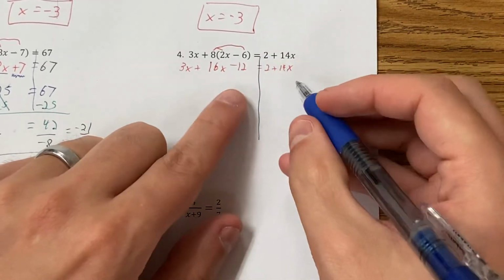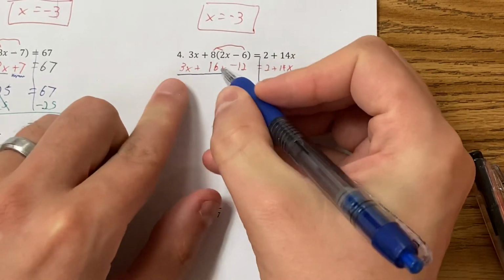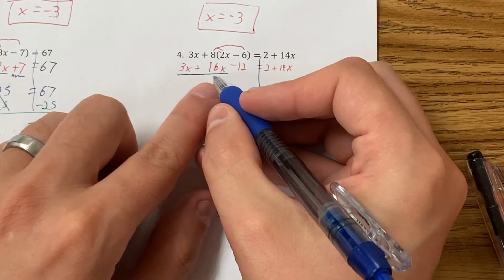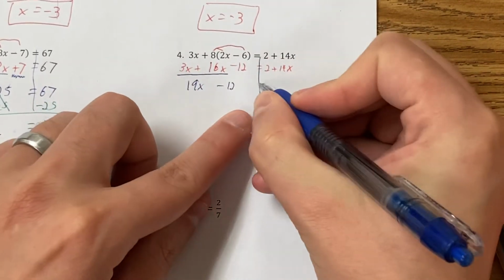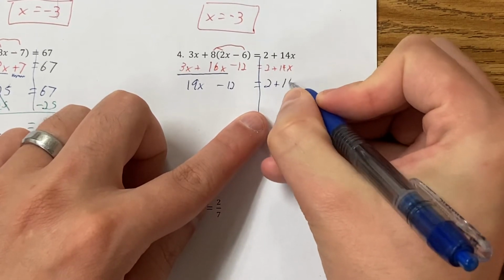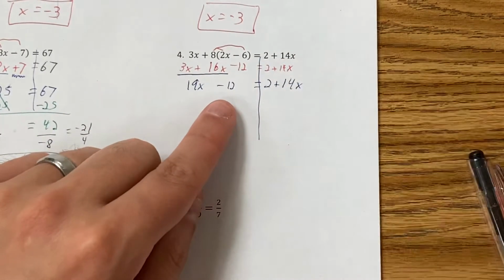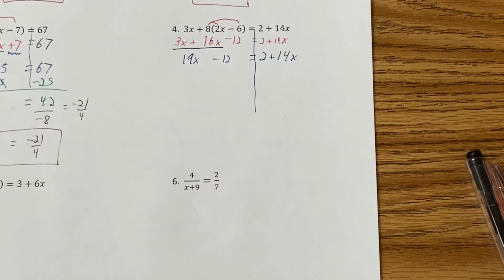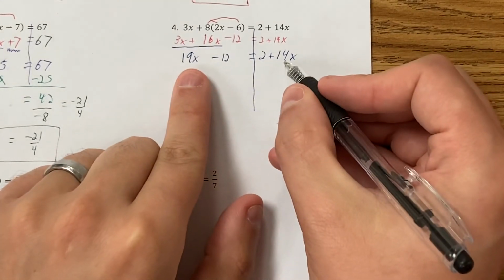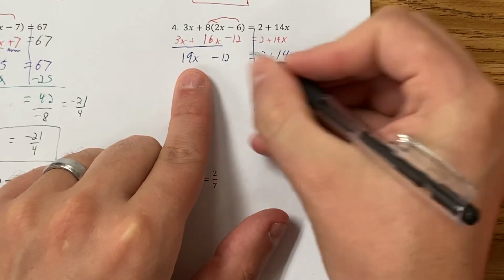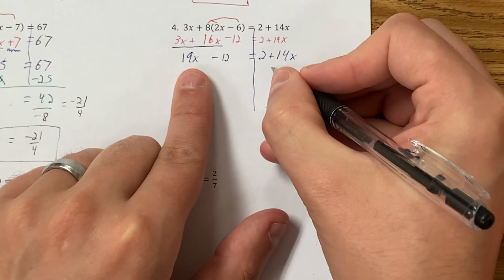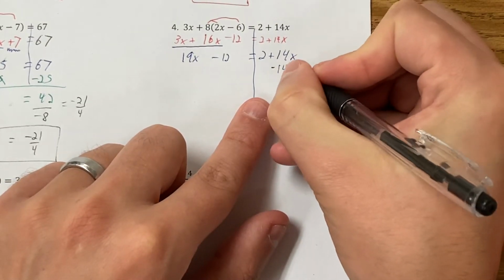On opposite sides, it looks like there are some like terms. 3x and 16x. 3 and 16 makes 19. On the right side, there are no like terms. What's the next step? If you know it, do it. There is an x on both sides, which means I do need to get it on one side. So how do I move this over there? It is through subtraction.